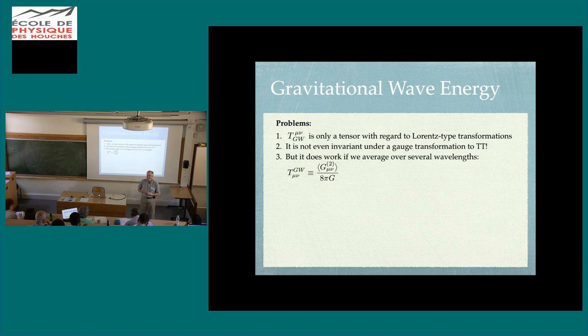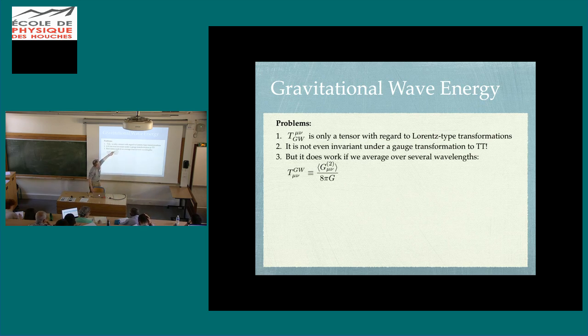So if you average over a few wavelengths, then you get something that is invariant under that gauge transformation, and you can go on. Okay? So in terms of fundamental physics, this is not working very well.